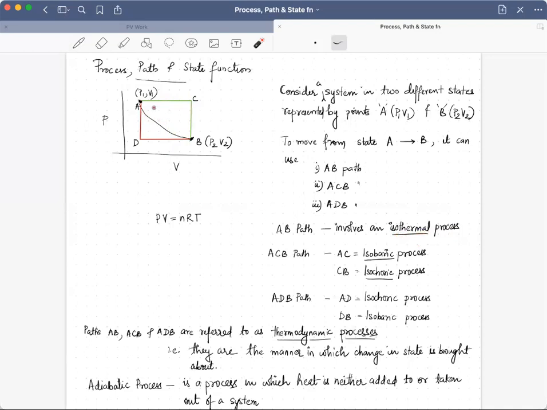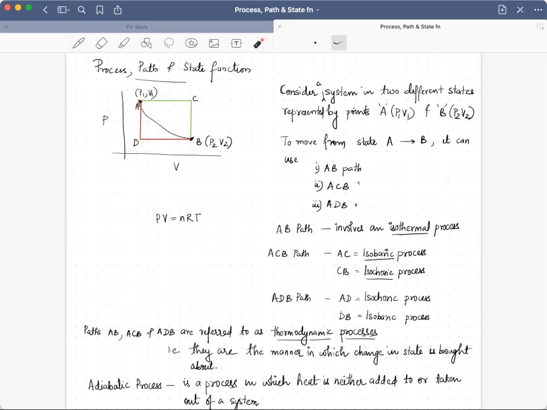Now let's consider ACB. If you see here, we can divide this into two parts, AC and CB. If you consider AC, in this particular path the pressure is remaining constant because the pressure value is P1, and that is remaining constant when the system is reaching state C. But there is a change in volume, because volume has changed from V1 to V2.